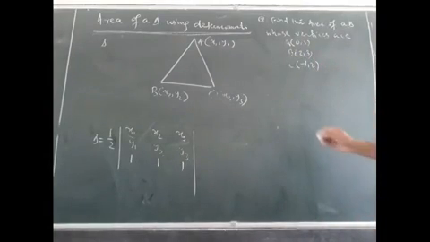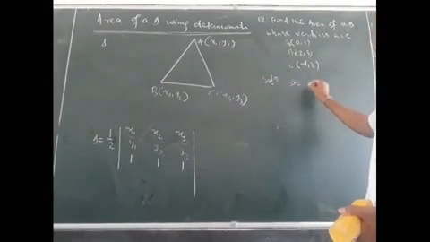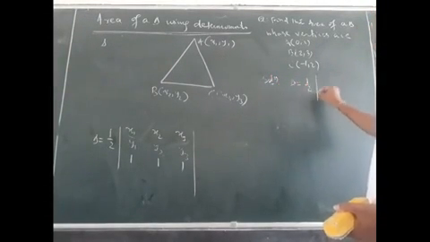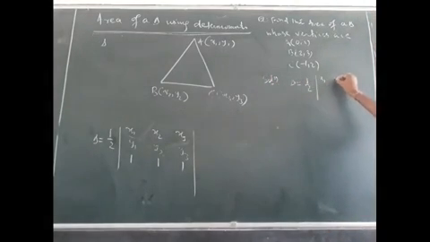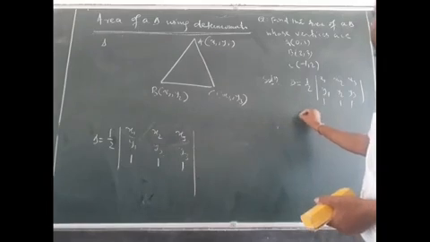So let us solve this one. Here the required area will be half into, our formula was x1, x2, x3, y1, y2 and y3, and this is 1, 1 and 1.